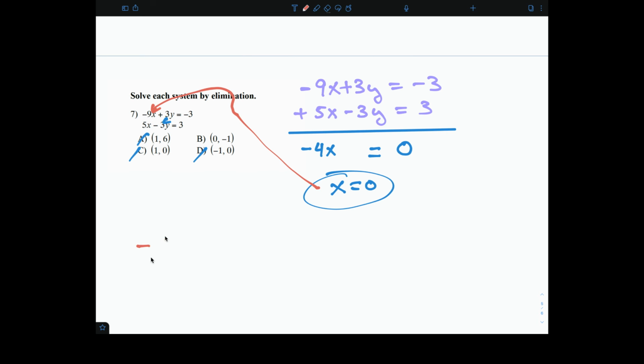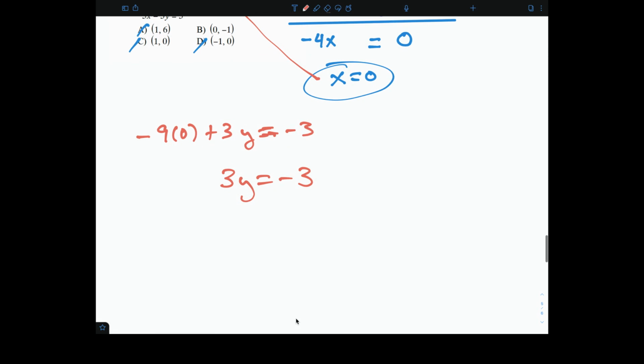And the real reason why I'm doing this, what you'll see is like, why did I switch it? Is because I saw that with the top, it had a negative associated with the x and a positive with the y, and it was vice versa with the bottom. So if x is 0, I want the negative one to become 0 because I try my best to deal with as few negatives as possible.